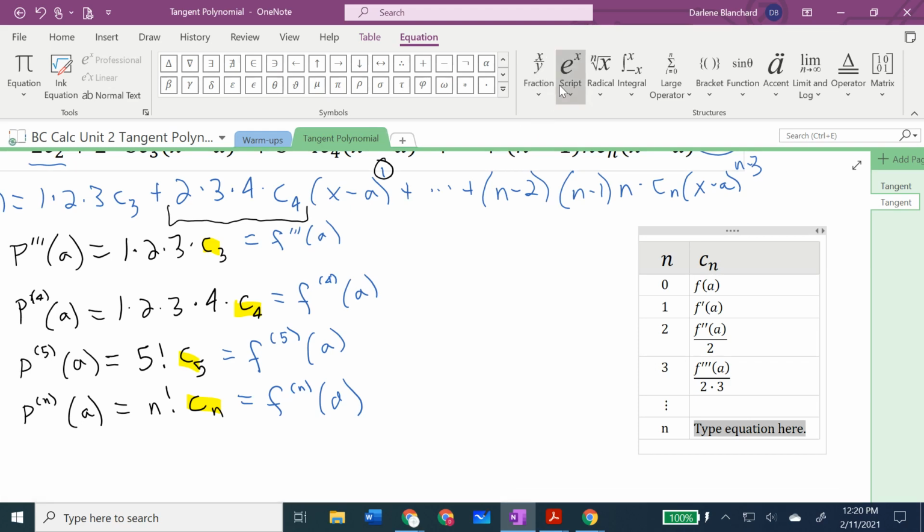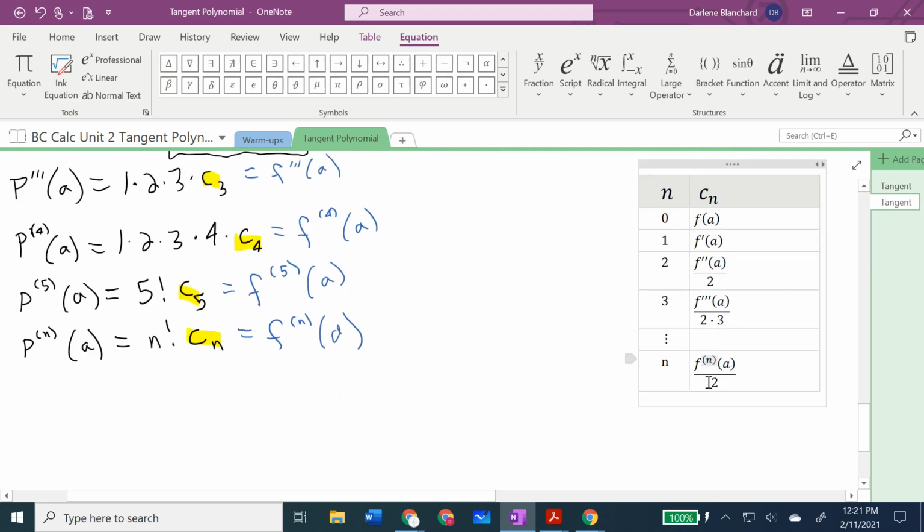Do you guys have it? It is the nth derivative at a divided by, you got it, n factorial.